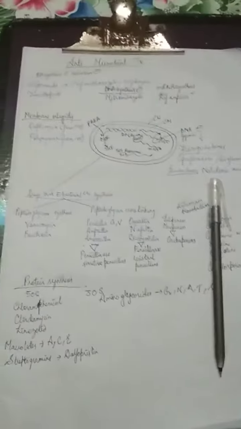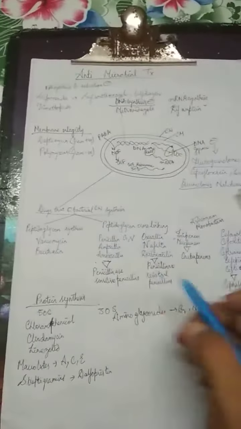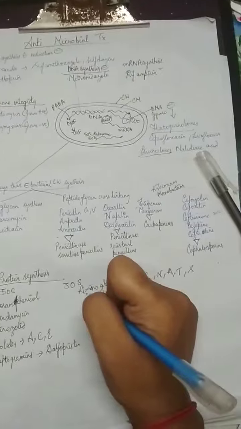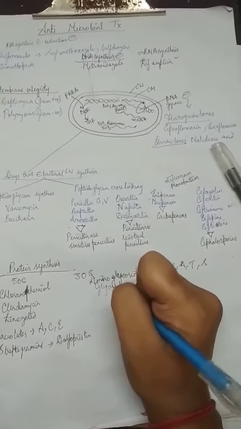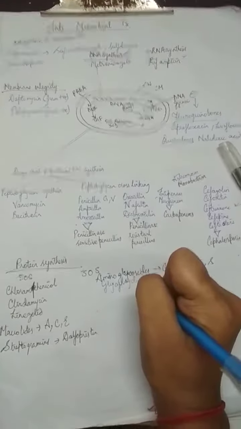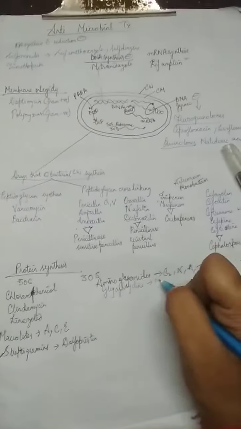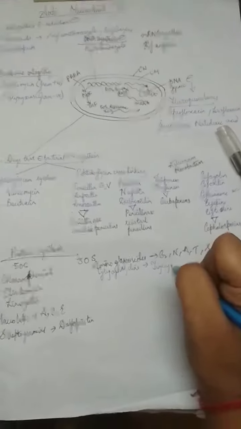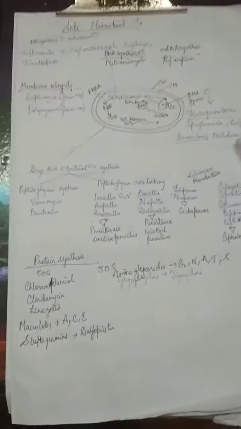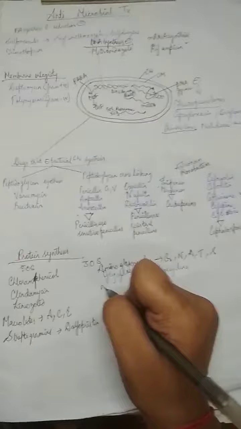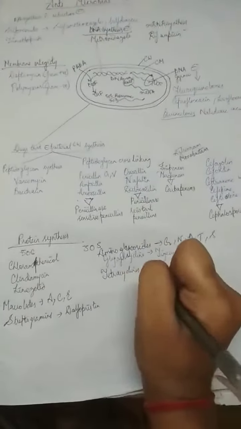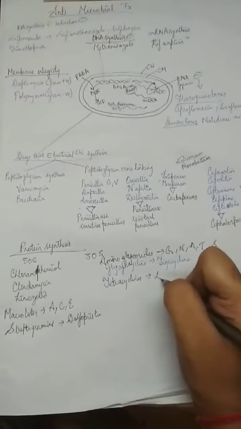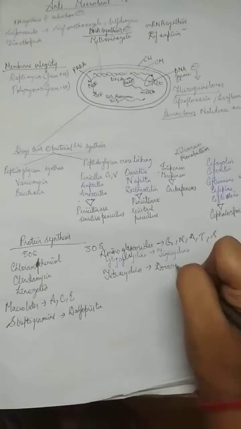So then we have another class which is glycylcycline, like tigecycline. Then another class of drugs which are tetracyclines, like doxycycline, then minocycline.